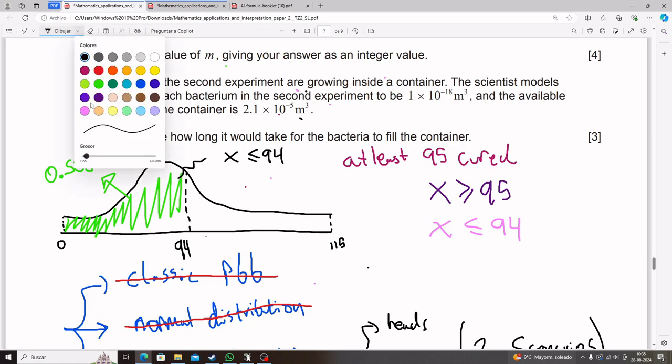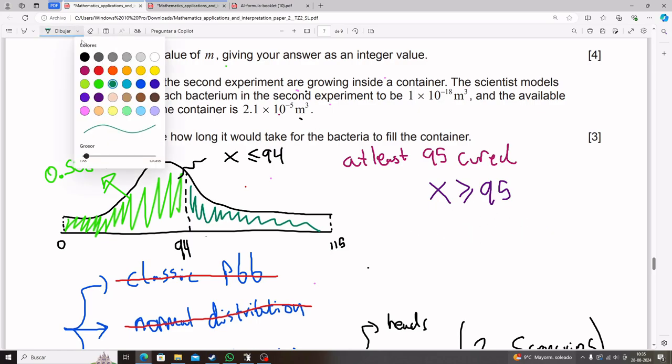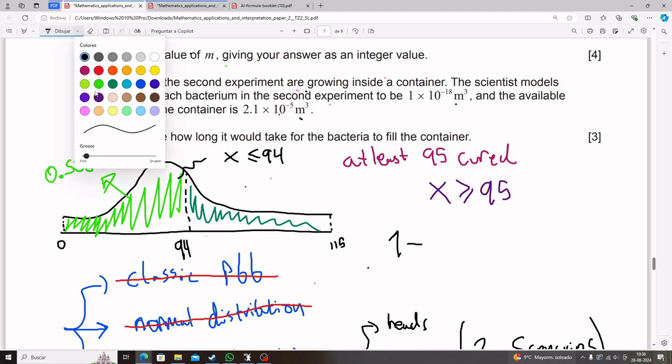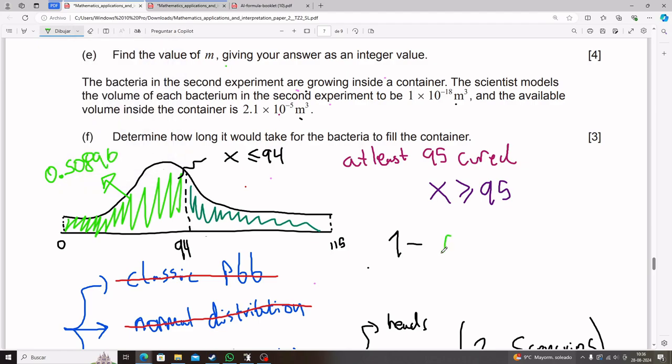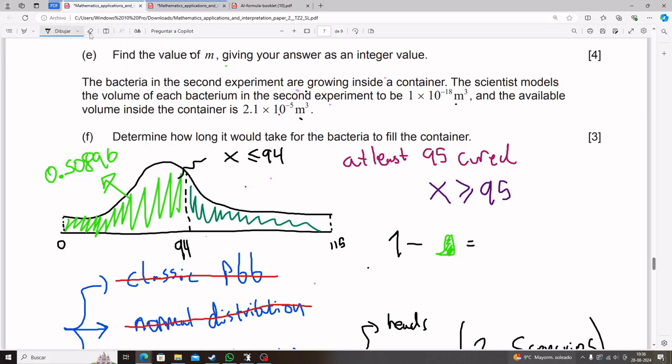And so if you want to find the other end of your distribution, the other end of the tail, what you actually have to do is 1 minus the left side. If you do 1 minus the thing in light green, what you end up with is the part in dark green. Now why does this happen?